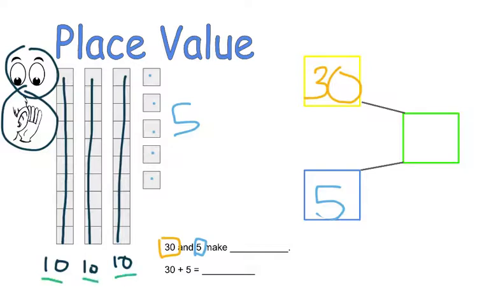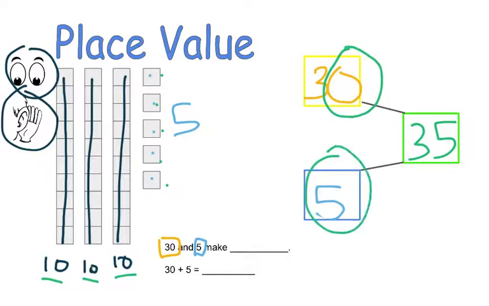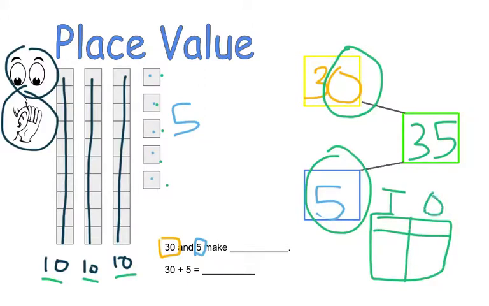Now count by ones. 31, 32, 33, 34, 35. We can also look at it where we need to add our ones together. I'm seeing that there's a 0 here and a 5 here. Just like with our place value chart, we would have the 10s and the 1s. So our 1s would be 5, and then there are 3 10s.